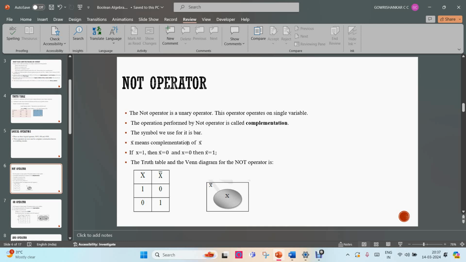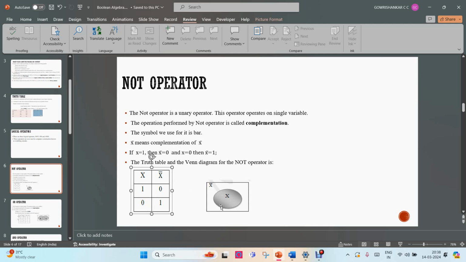X bar means the complement of X. If X is equal to 1, then when we do X bar it will become 0. And in case X is 0, when we do X bar it will be 1.